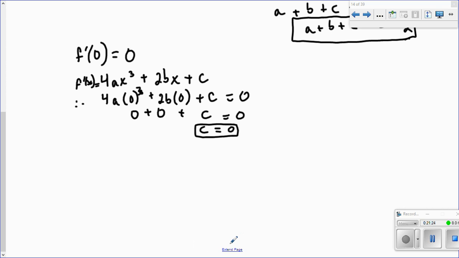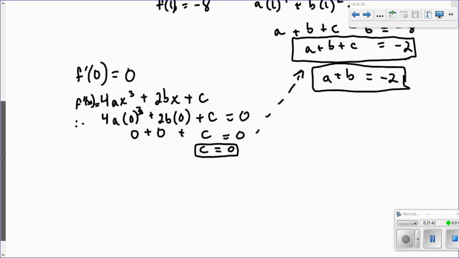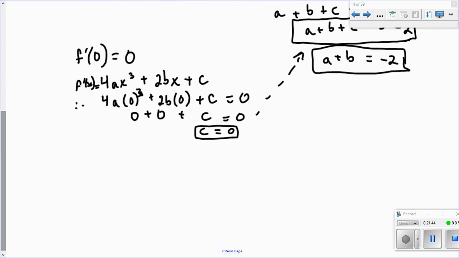So I really could, at any point, put 0 in here. I've already found d equals -6, c equals 0, and I have a plus b equals -2. I want to do it for the next one here. So I've got another point here. F prime of 1 also equals 0.